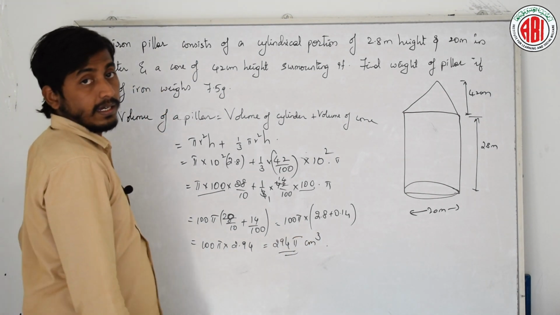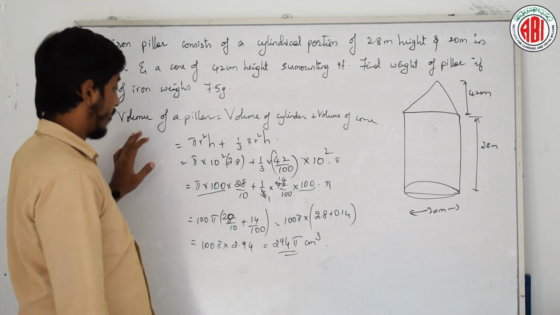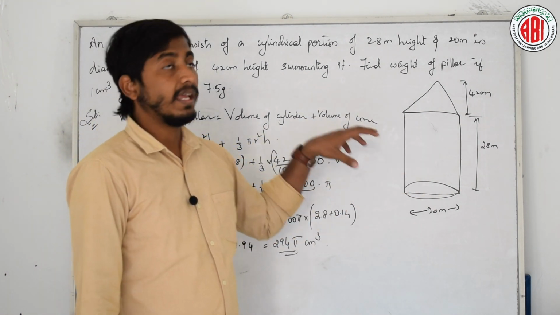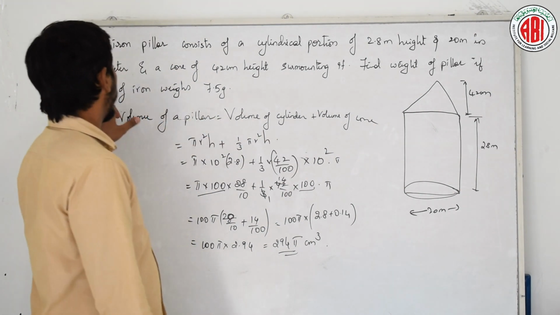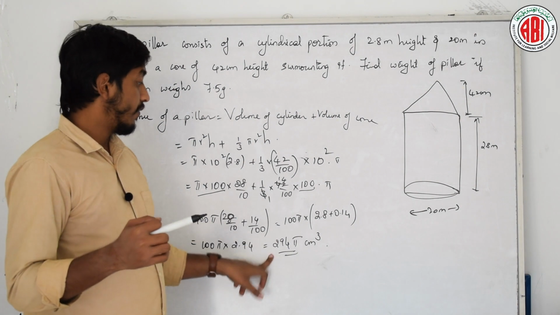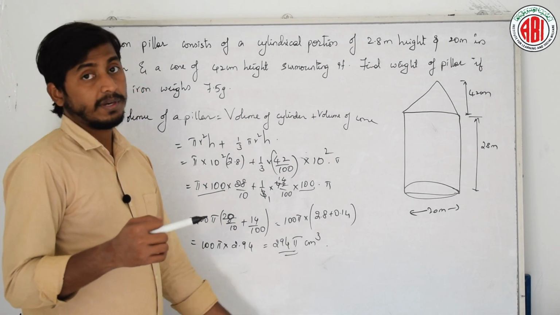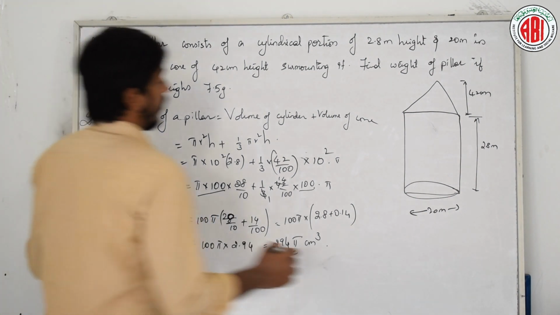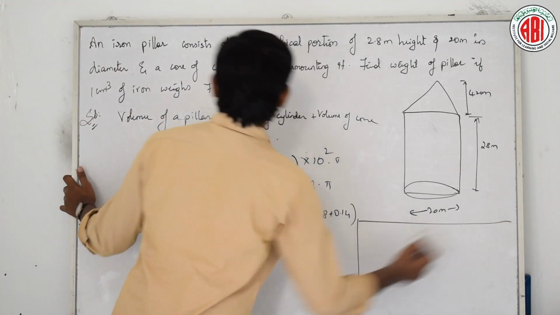What have we found now? We have found the volume of the whole pillar. Then what did he give? He gave that for 1 cubic centimeter the weight is 7.5 grams. Then for 294 pi cubic centimeter, what is the weight? Let us write it here simply.